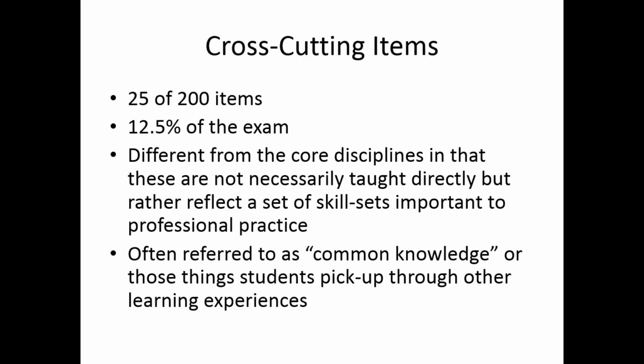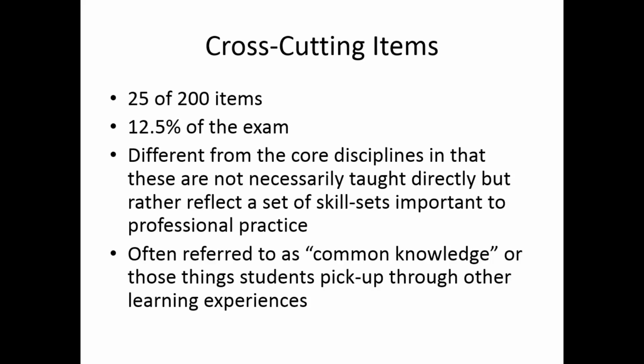So the cross-cutting items represent 25 out of the total 200 items on the exam, which means that's 12.5% of the exam. So it's not a large content area, but it might make the difference in a passing score. And it's important information to know, or we wouldn't have identified them and we wouldn't be including them on the exam.